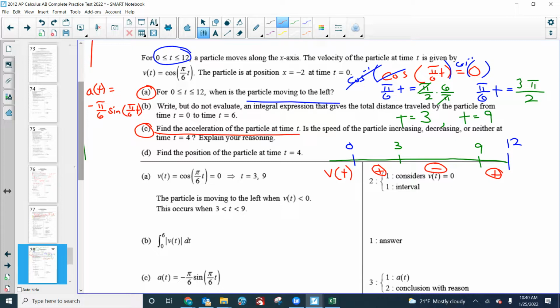How will I tell, okay, we'll start with the physics people. How do I tell if the speed of an object is increasing, decreasing, or neither? The sign of acceleration?